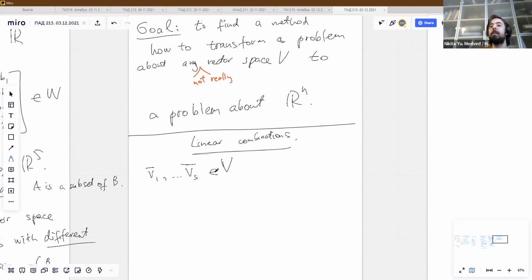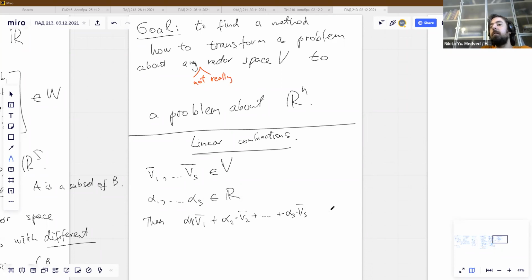Okay. So suppose there are several vectors, and suppose there are several numbers in our field. My field is going to be R for most of the cases, so I will simply write R. Then I can multiply each vector by its own number.